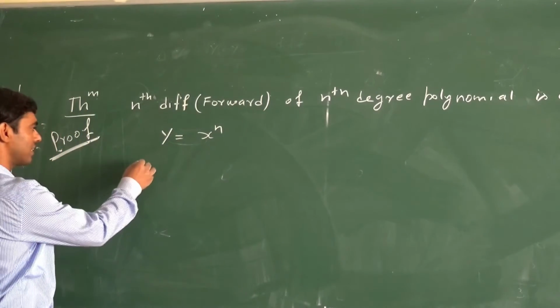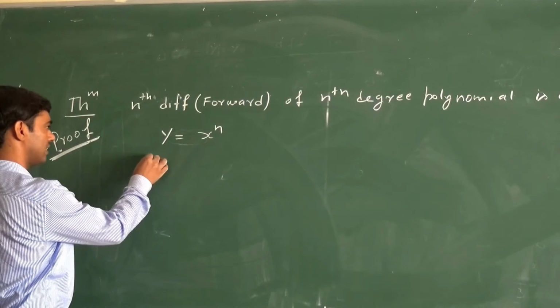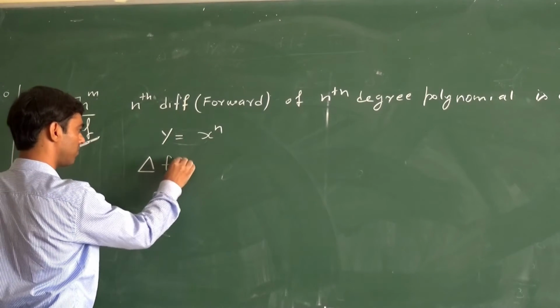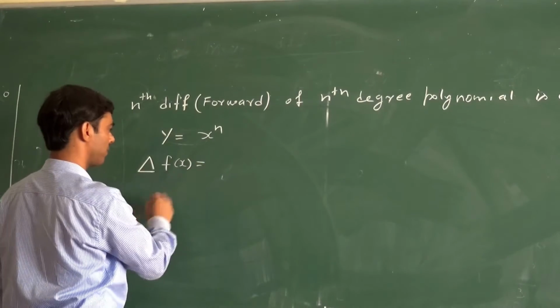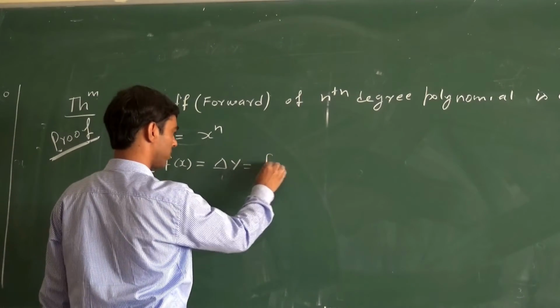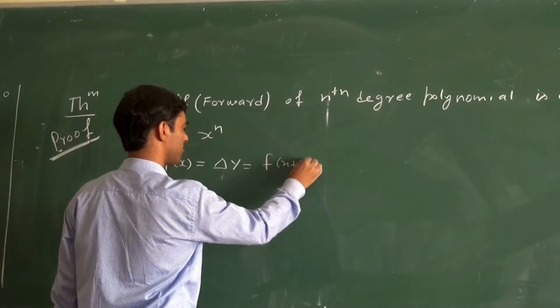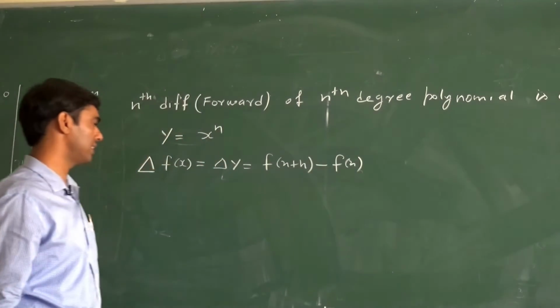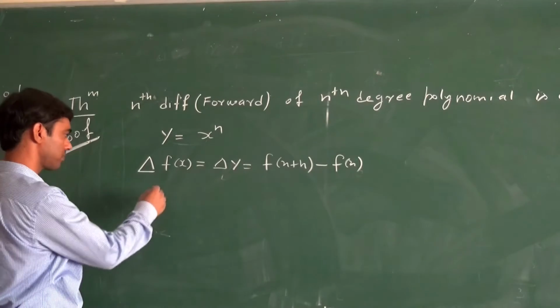So what is the first order forward difference? By the definition of a forward difference, Δf(x) equals Δy equals f(x+h) minus f(x).